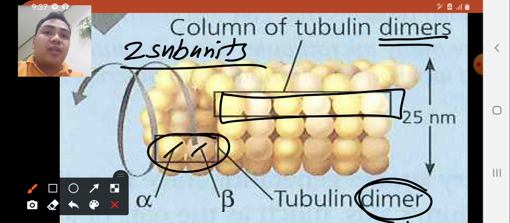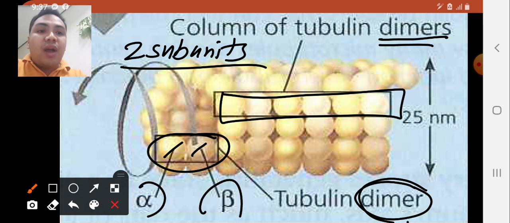It is a molecule that consists of two subunits, and we can name these subunits. And these are the alpha subunit, and then you have the beta subunit. So these are the two subunits of the dimer. So this is the exact composition of the microtubule, which is made up of tubulin as its protein.